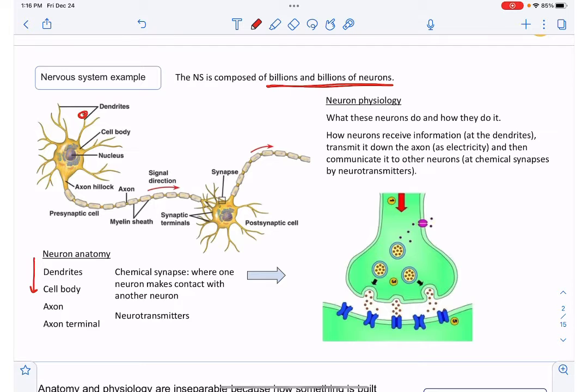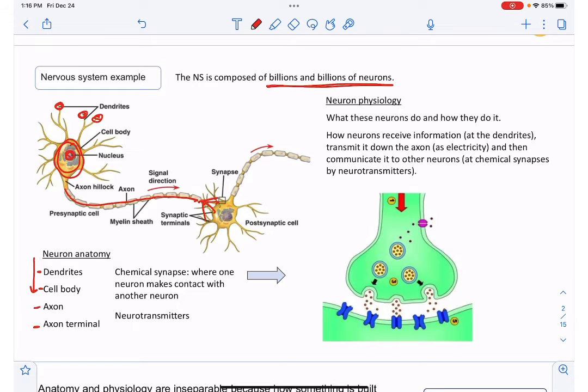We have these antenna-like regions called the dendrites. Here we have the cell body, which includes the nucleus. Then we have this long, slender projection, which goes from the cell body. That's called the axon. Then the axon branches and becomes the axon terminal.